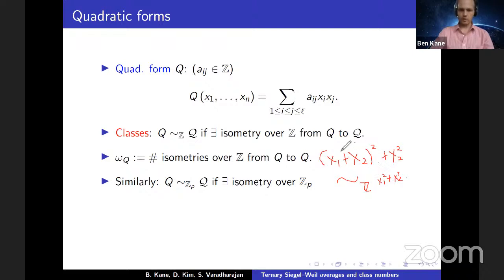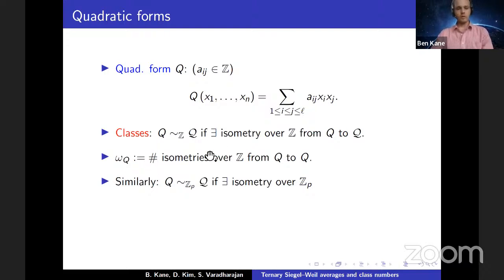So you should think of these two as essentially being the same thing. Is that clear? Okay. All right, so that's what isometry roughly means. And classes are the things that are isometric to each other. So we group them into these groups of isometry classes where we say these are essentially the same quadratic form.